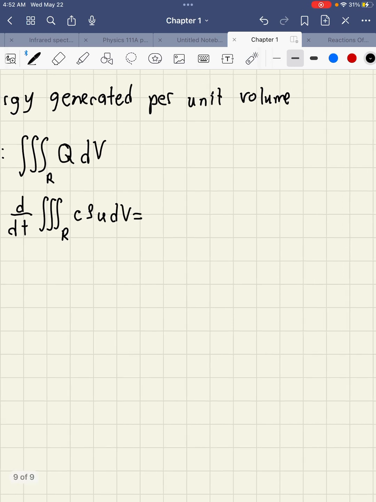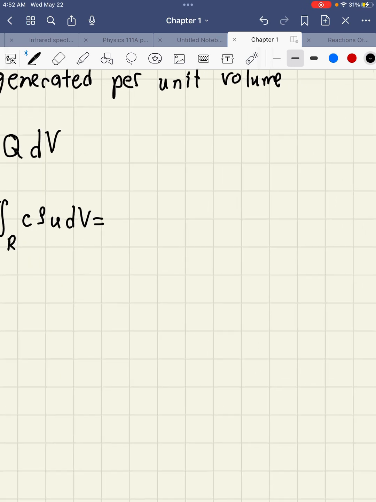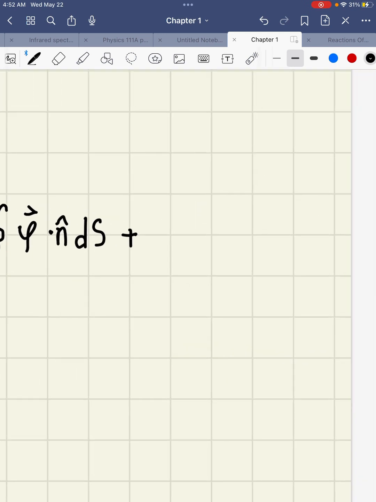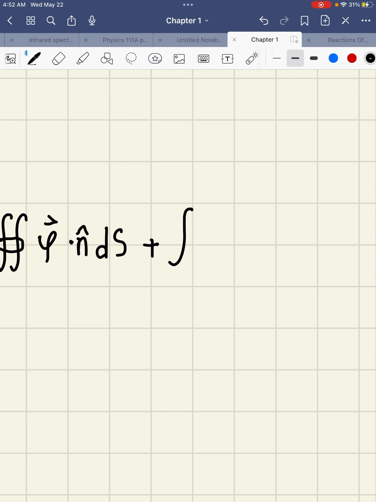That's equal to the amount of heat energy that's flowing out, so it's going to be negative, the surface integral of phi dot n dS, and plus, the one that I care about is the generated heat energy, the integral of Q dV.